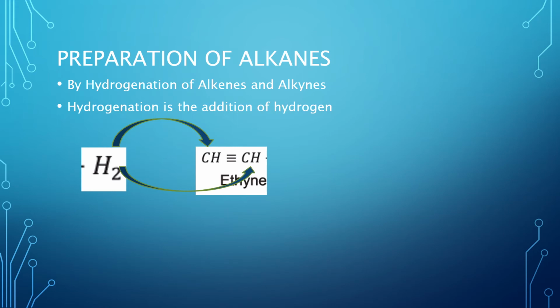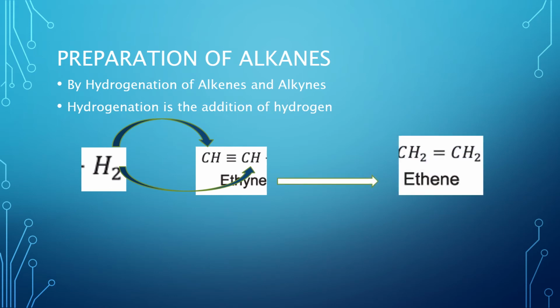When it makes the new bonds with the hydrogen atoms, it is transformed into ethene. In ethene, you can see that the 2 carbon atoms are attached with a double bond instead of the triple bond as in ethyne.